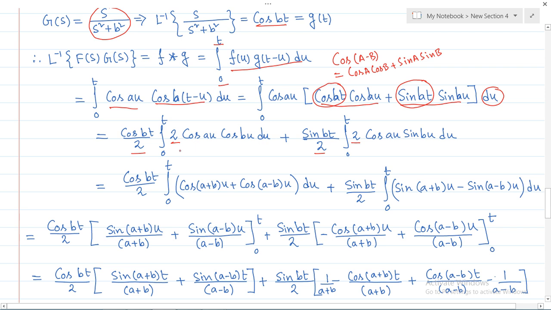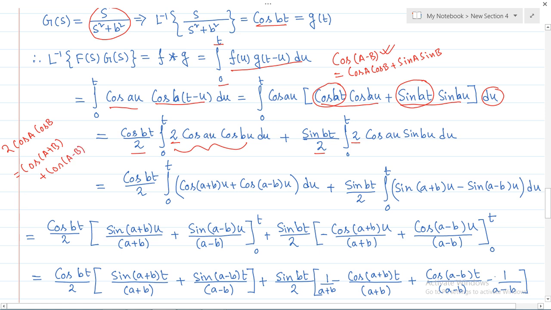Here we are getting 2 times cos A cos B, which can be simply done from this formula. So 2 times cos A cos B is basically equal to cos of (A plus B) plus cos of (A minus B).